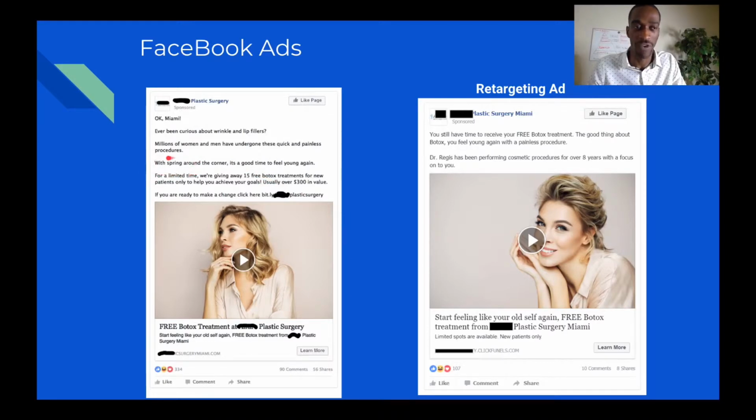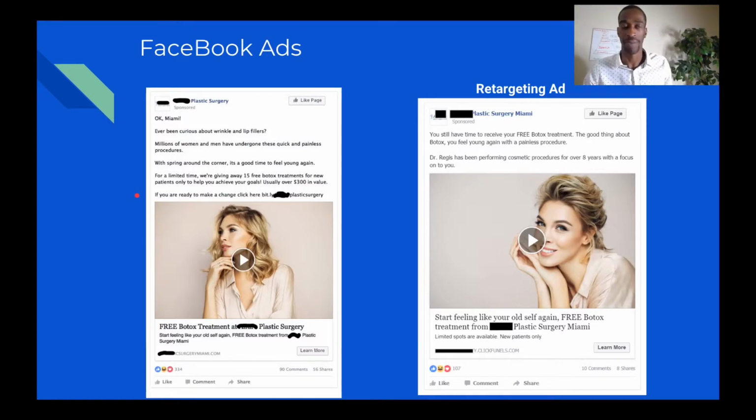Looking at this first one, continue into the ad: millions of women and men have undergone these quick and painless procedures. With spring around the corner, is a good time to feel young again, right? So for a limited time, we're giving away 15 free Botox treatments for new patients only to help you achieve your goals, usually over $300 in value.